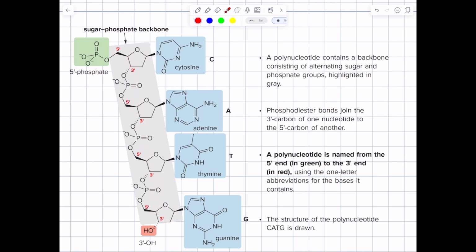And at each of the anomeric carbons via an N-glycosidic linkage, we have one of these nucleobases, cytosine, adenine, thymine, or guanine. And so this oligonucleotide could be written as deoxy CATG. And that would tell you, written left to right, 5' to 3', the sequence of this oligonucleotide.